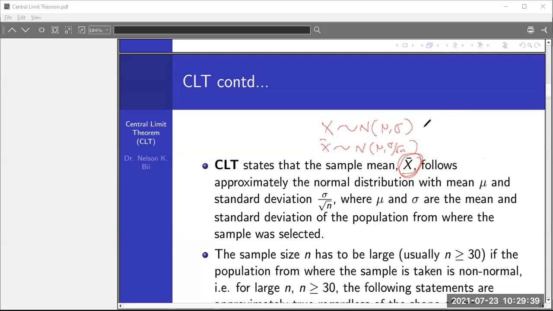So you remember how to standardize the normal random variable to get the standard normal? You remember that? If x is a normal random variable with mean mu and standard deviation sigma, then here we have the standard normal random variable, that is z.